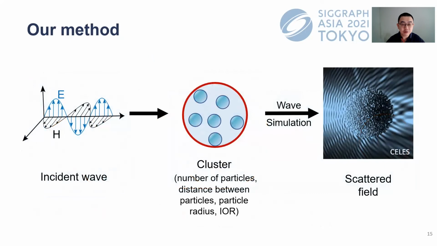To handle the near-field scattering, we did offline wave simulation on the cluster with user-defined particle distribution and arrangement, including number of particles in the cluster, the distance between particles, particle radius, and index of refraction of the particles.